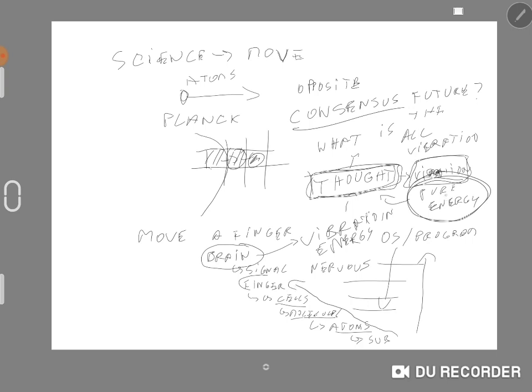The pure energy is then molded into what I believe is photons, the most essential building block of the universe. And then the photons are molded into not even subparticles, but the particles below that, like quarks and stuff. And then the quarks are molded into subparticles, and the subparticles into atoms, and the atoms into molecules, and the molecules into cells, and the cells into your finger.